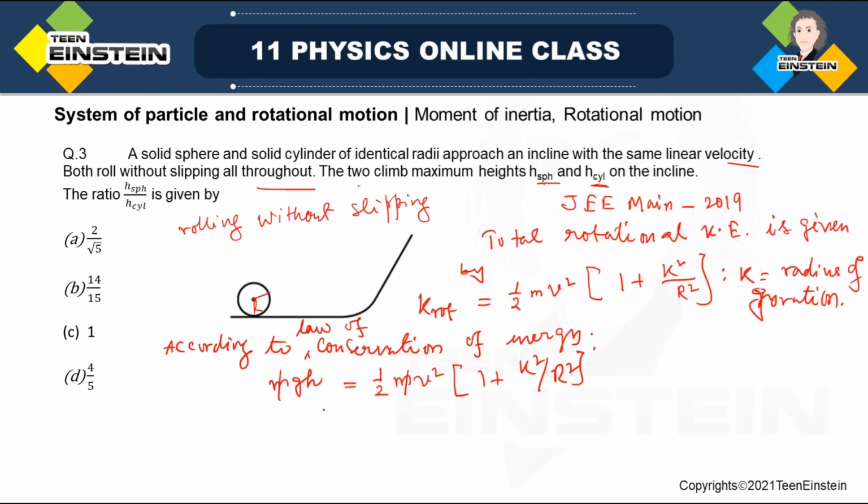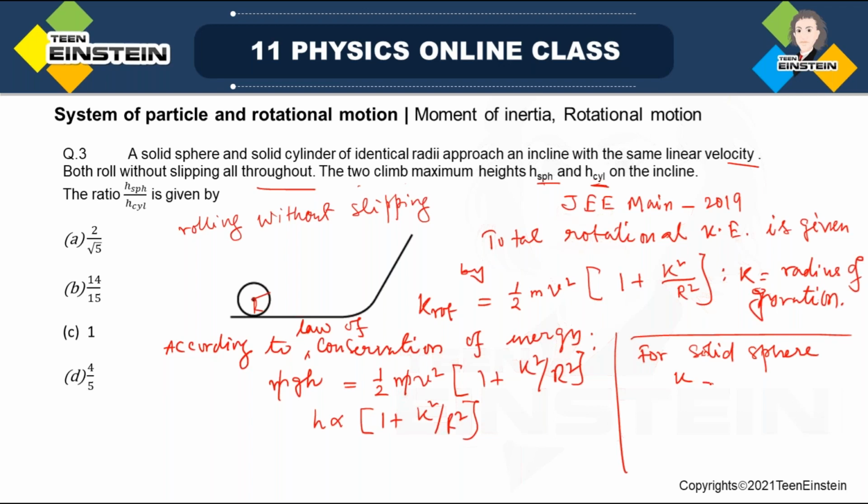So now see, we have to find out the ratio. h is directly proportional to 1 plus k square by r square. This part I can write. So look, for a solid sphere, k square, that is the radius of gyration.